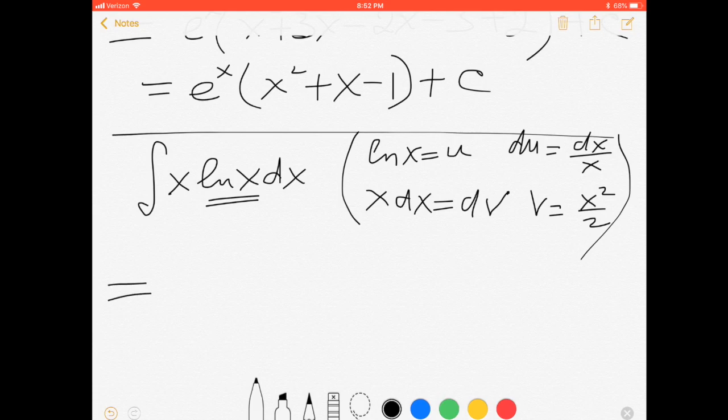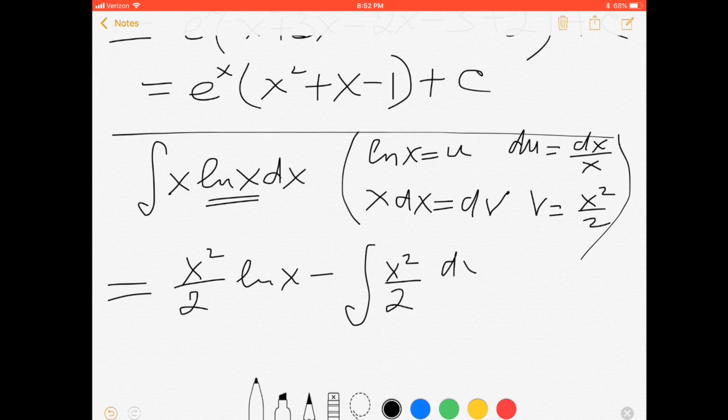We have uv, this means x squared over 2 ln x, minus v du, this means x squared over 2 dx over x.